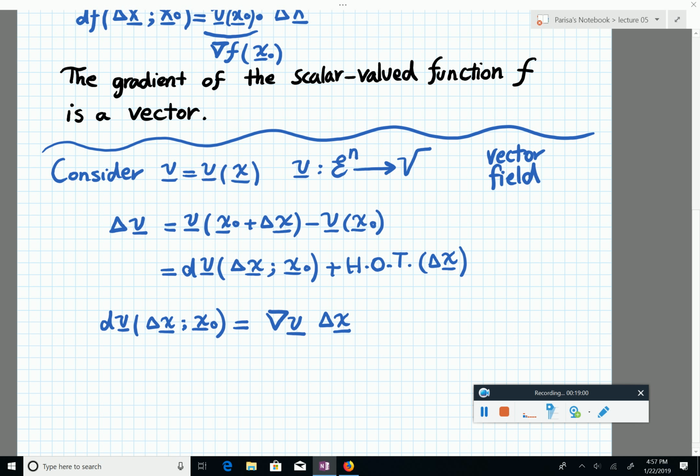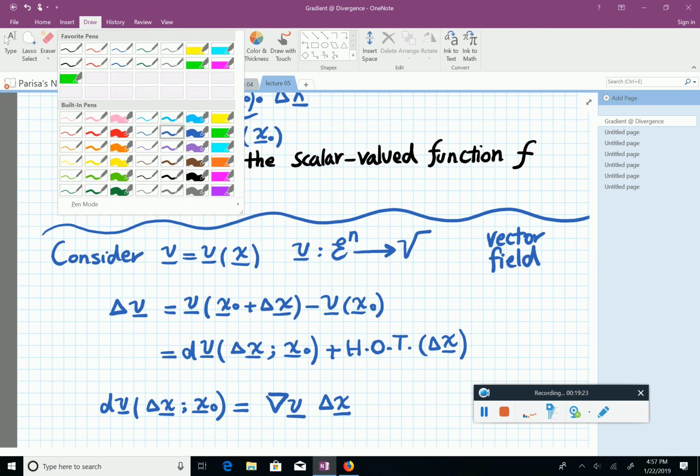This is the action of a tensor on a vector. Both sides are now vectors, right? So what do you see? Before, the gradient of a scalar valued function turned out to be a vector, right? Now, what statement are you going to write without my help?